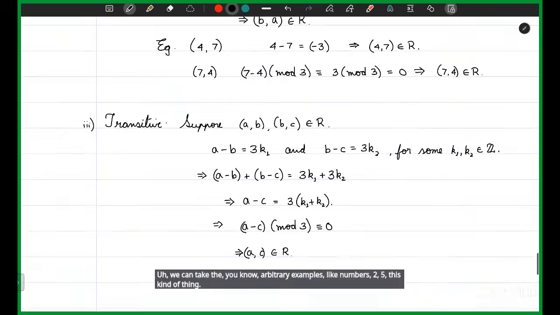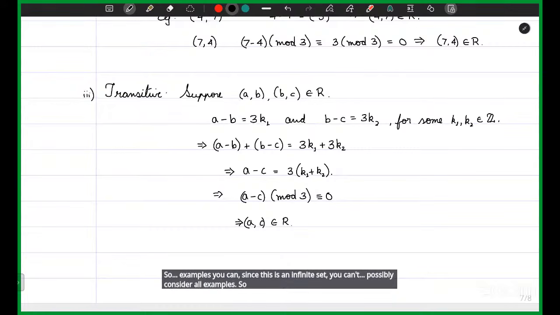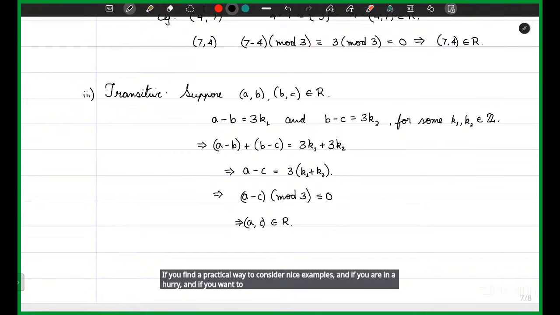So examples, since this is an infinite set, you can't possibly consider all examples. So in some sense, by definition, this is faster. But if you find a practical way to consider nice examples, and if you are in a hurry and want to guess, maybe that is fast.